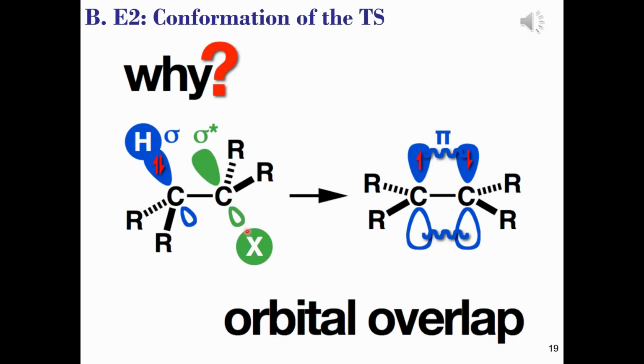The molecular orbital argument here is that the carbon-hydrogen sigma bond is in the right orientation to overlap with a sigma star anti-bonding orbital of the carbon leaving group. Now this can only happen if the orbitals are parallel, and this necessitates the anti-periplanar arrangement. Secondly, the steric argument places the groups in a more energetically favourable staggered conformation. We'll see this on the next slide.